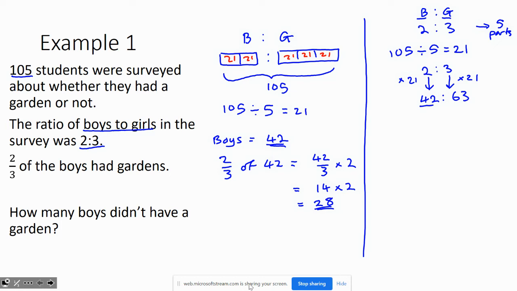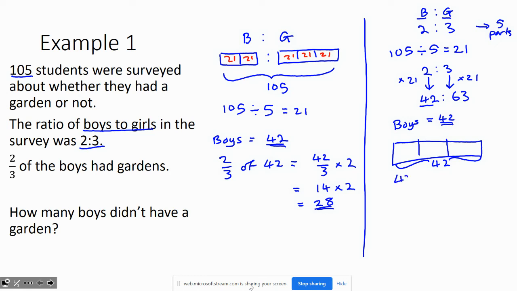And just to show that for the fractions, we could have used a bar model for the fractions. So if we have 42 boys altogether, and we split the boys into thirds, we can find out what 1/3 of those is, because you can see altogether there we have 42 boys.